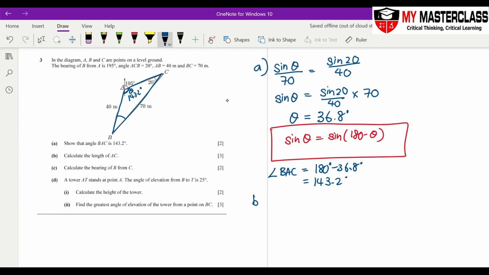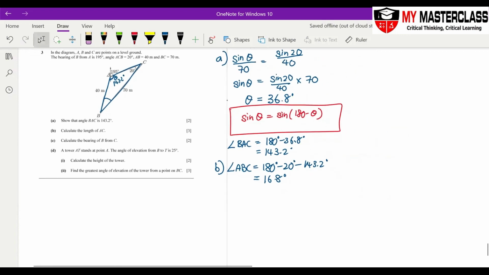So for part B, angle ABC is equal to 180 minus 20 minus 143.2, which is equal to 16.8 degrees. So for the purpose of using the cosine rule, AC squared is equal to 40 squared plus 70 squared minus 2 times 40 times 70 cosine 16.8.